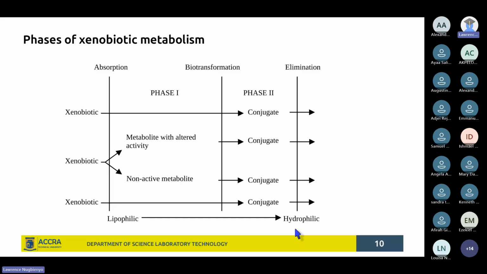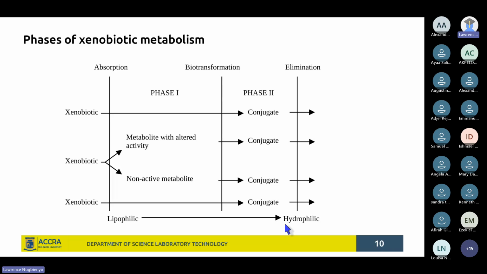So you see conjugation. We'll take a look at some of these specific reactions, and you see clearly that a substance which is lipophilic is converted to a substance which is hydrophilic and gets excreted out of the body.